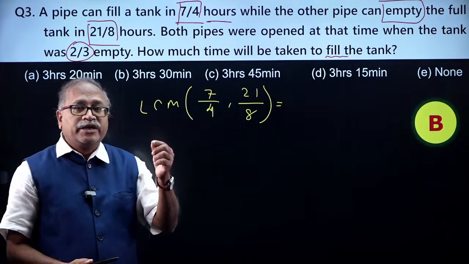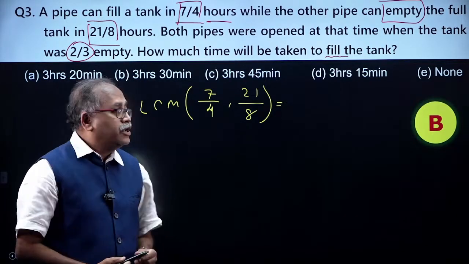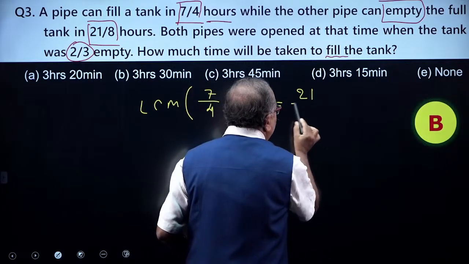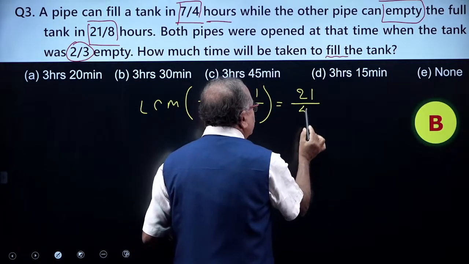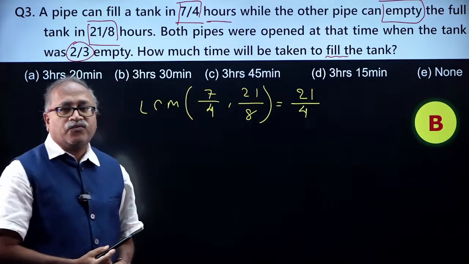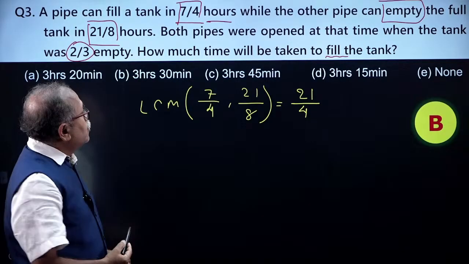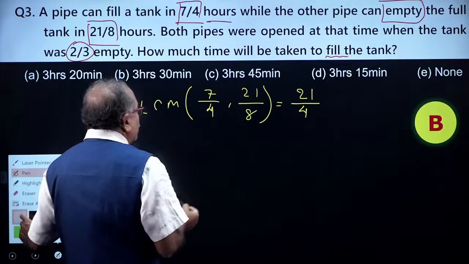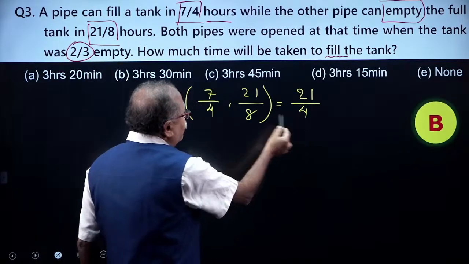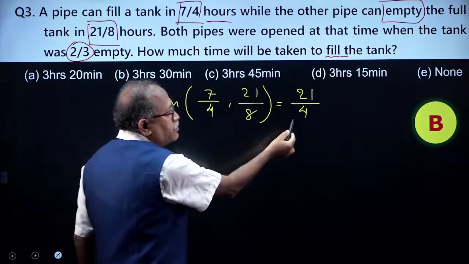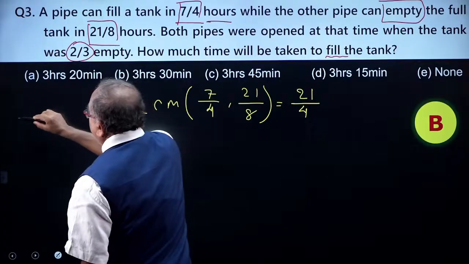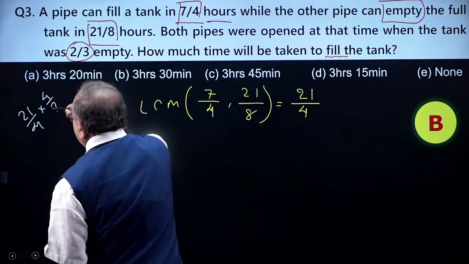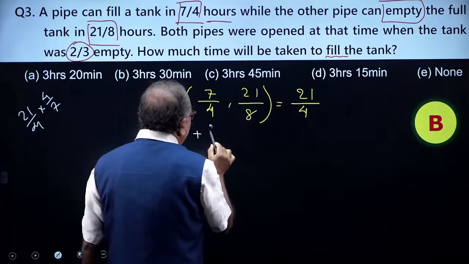LCM of numerators by HCF of denominators. So the LCM is 21, the HCF of denominators is 4, so 21 by 4. Now how many units does it fill? That is 21 by 4 divided by 7 by 4, that means 21 by 4 into 4 by 7. So it fills 3 units.